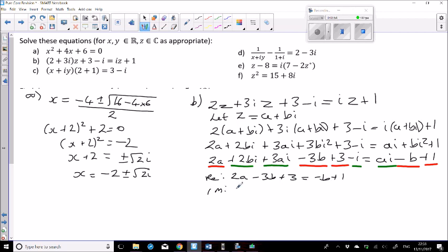My imaginary part is 2b plus 3a minus 1, because my side is going to be minus 1, is equal to a.